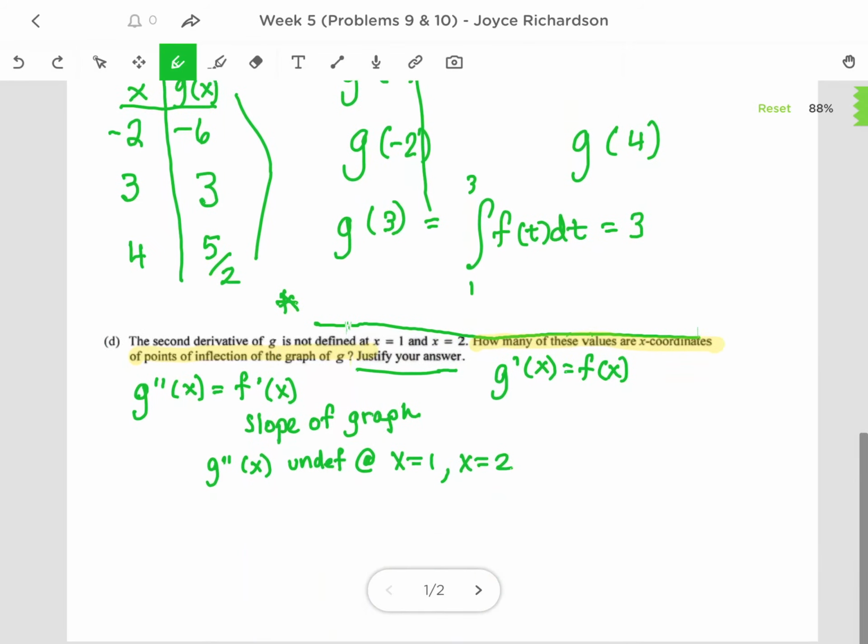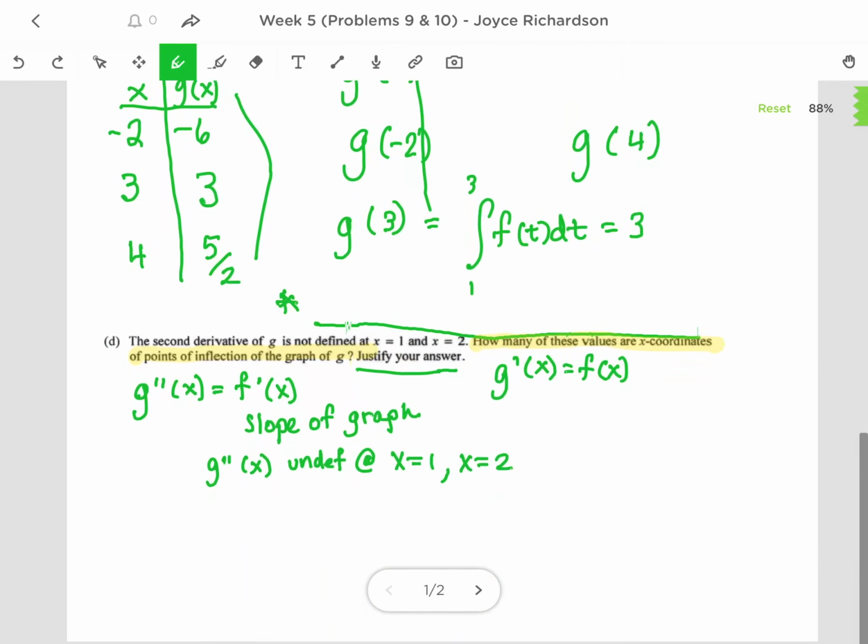So at x equals 1, there is a point of inflection, but we have to talk about why at x equals 2 there's not a point of inflection. If I go to 2, the slope at 2 is negative beforehand, and then it's negative after. So there's no change in sign for that slope or second derivative.